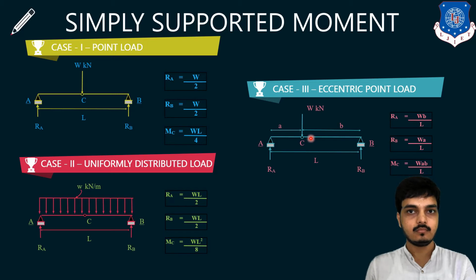And as I said, maximum moment will only occur below the load. So at point C, the moment will be Wab upon L. So these are the simply supported moments which we have to remember.